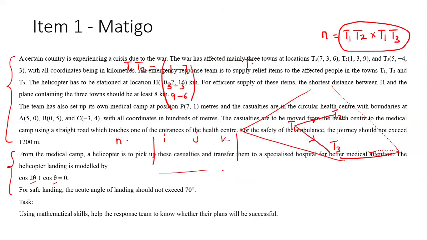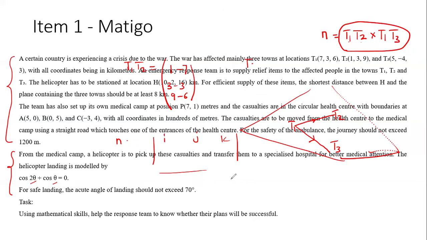Yes, but when I cross T1, T3 first. When you cross? When I start with T1, T3, I get negative 21i, 24j, 42k. But when I cross T1, T2 first, I get a positive 21, negative 24, and 42, which makes the answers different.